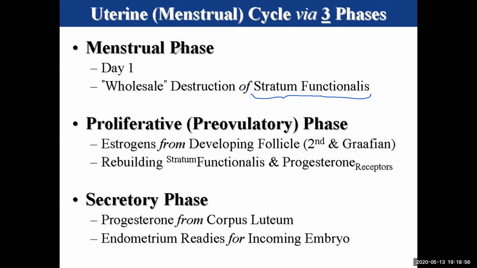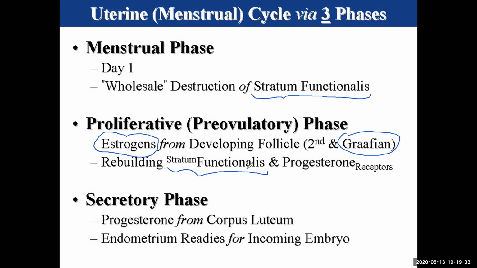So after the menstrual phase, we have the proliferative phase. This is where estrogen kicks in and induces the development of that follicle to produce the Graafian follicle, the mature dominant follicle that contains a secondary oocyte to be ovulated. And during this phase also, the stratum functionalis is rebuilt. And this is done by the stratum basalis, the deeper layer, right?